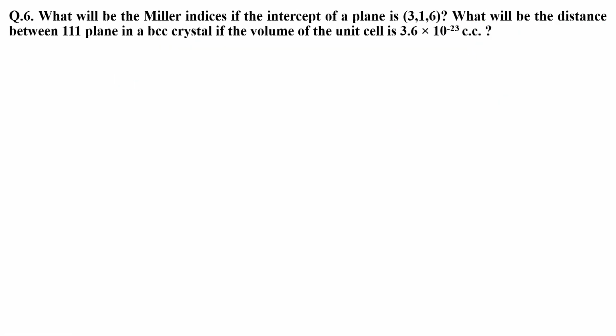Move to problem number 6. It says, what will be the Miller indices if the intercepts of a plane are 3, 1, 6? And what will be the distance between planes in a BCC crystal if the volume of the unit cell is 3.6 times 10 to the minus 23 cc? Here the intercepts are 3, 1, 6.